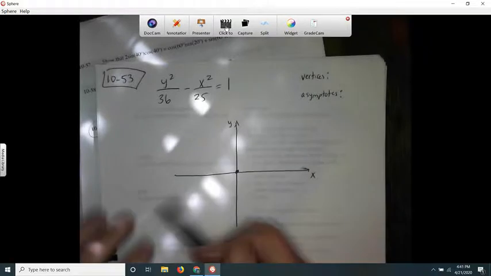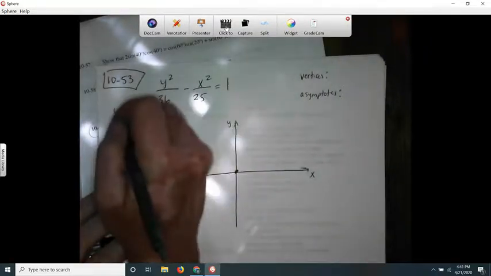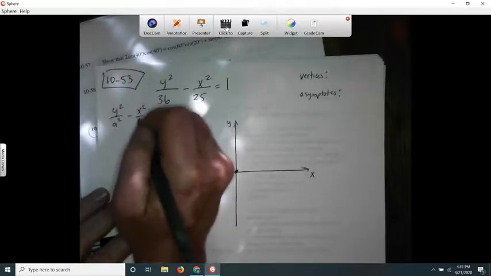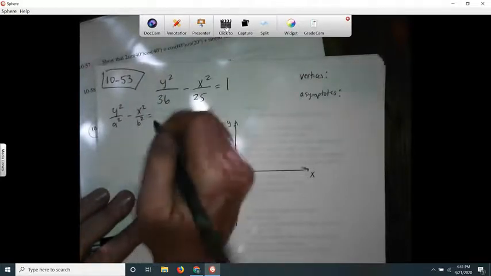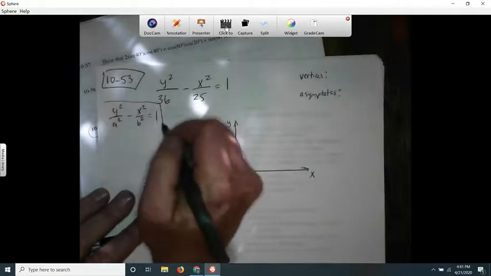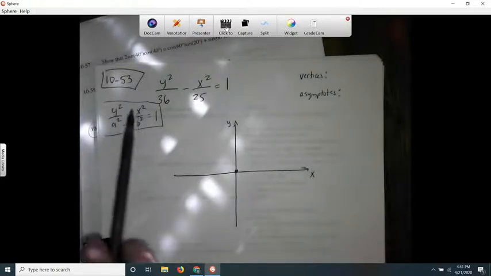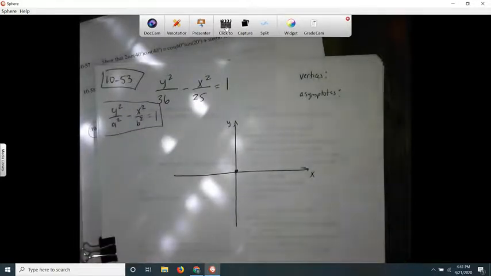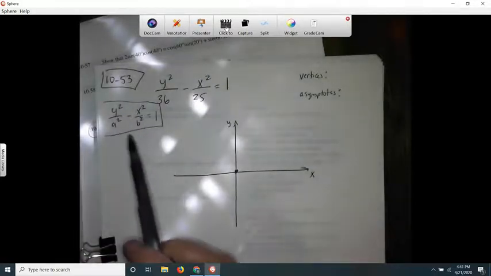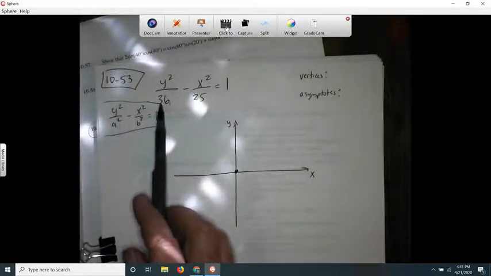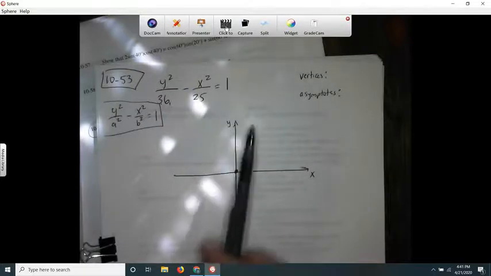So remember how it goes, y squared over a squared. That's how this kind of hyperbola would look with no vertical or horizontal shifts. Okay, so this tells me how far to go up and down in the y direction.